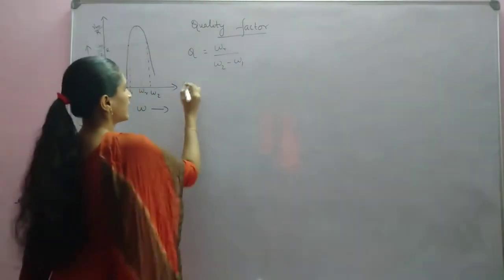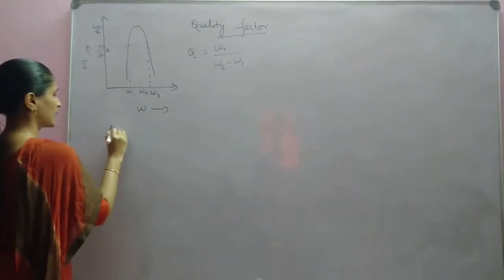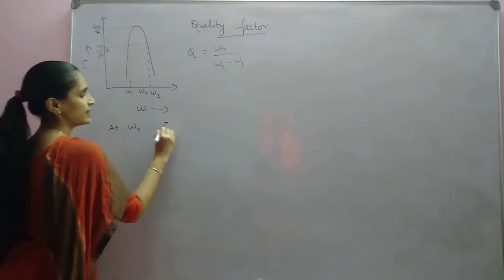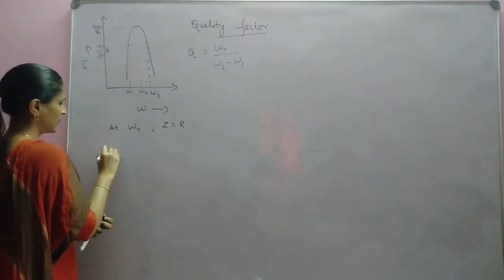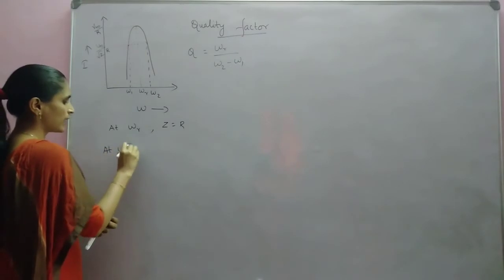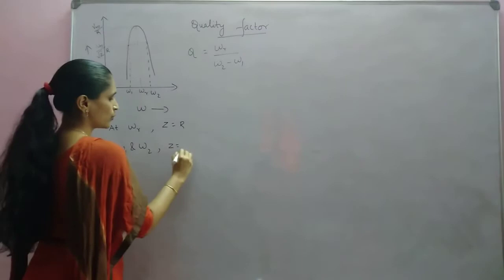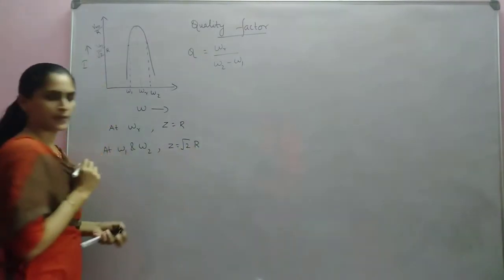So at omega R, Z is equal to R. And at omega 1 and omega 2, we can write Z is equal to root 2 times R. Isn't it?